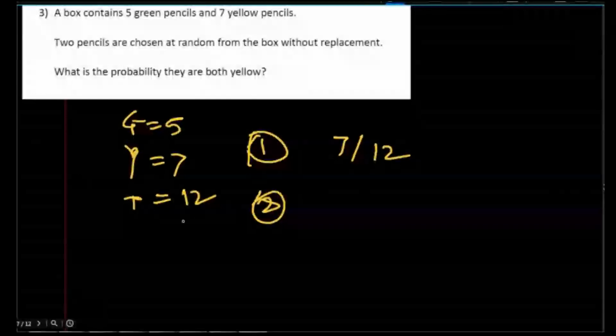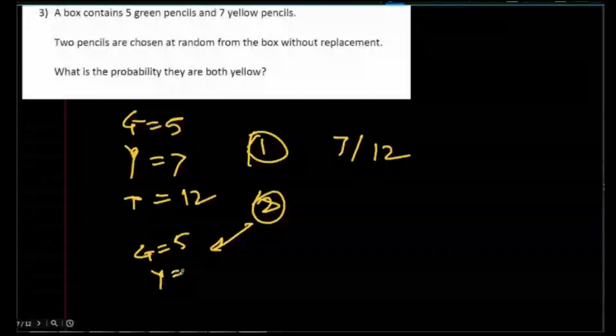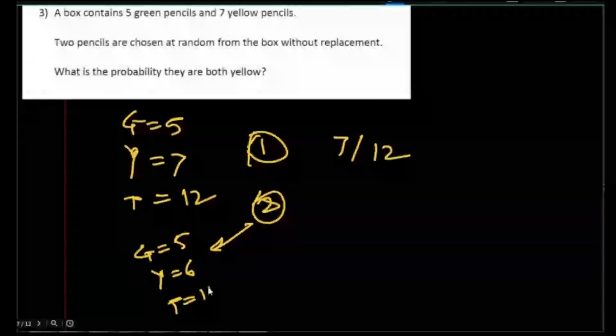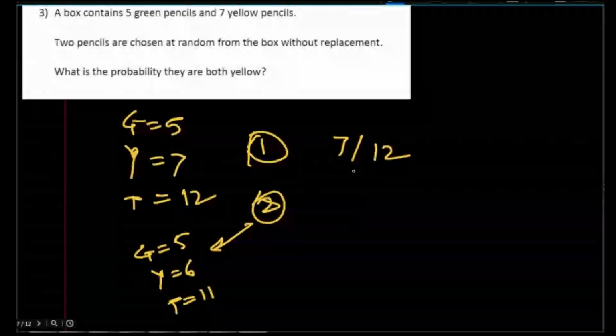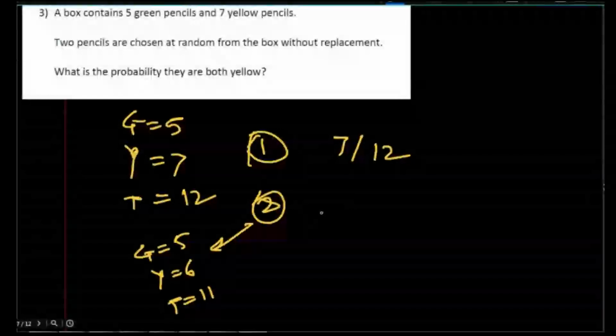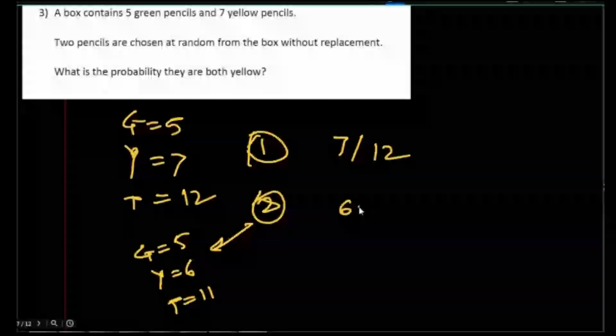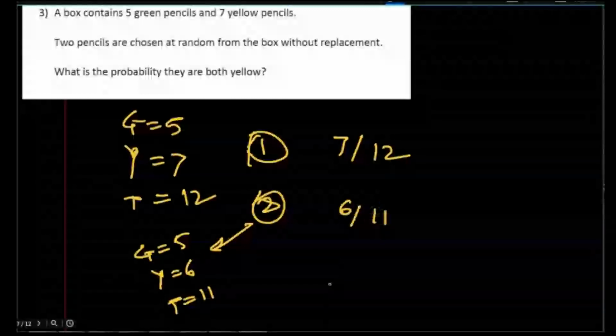For the second experiment, this data will change. Green will be the same, 5, yellow will be decreased by 1, that is 6, and the total will change to 11. So what is the probability of picking up a yellow pencil in the second experiment? Yes, it will be 6 by 11.